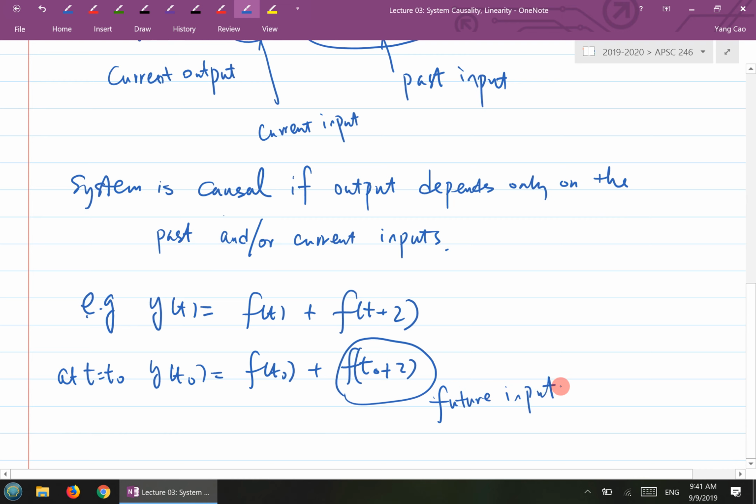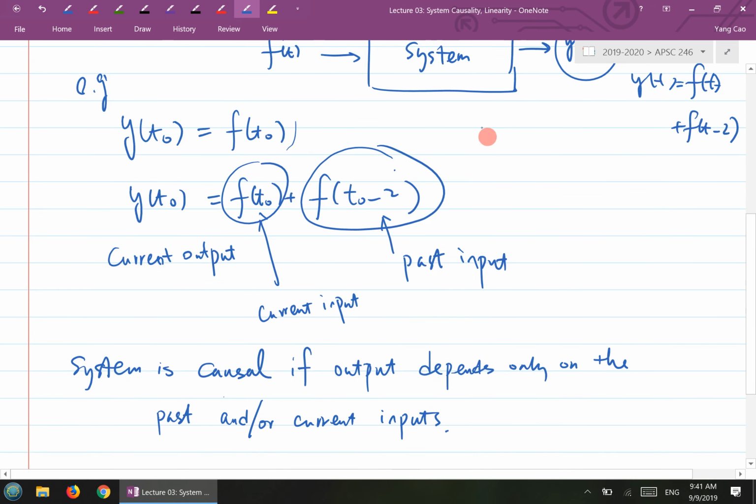Because t naught plus 2 is the future time compared to the current time t naught. That's why it is a non-causal system. So this is non-causal. These two are causal.